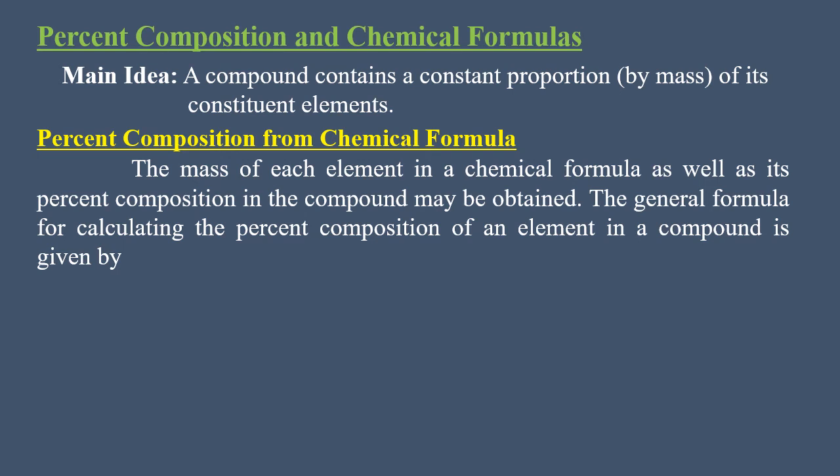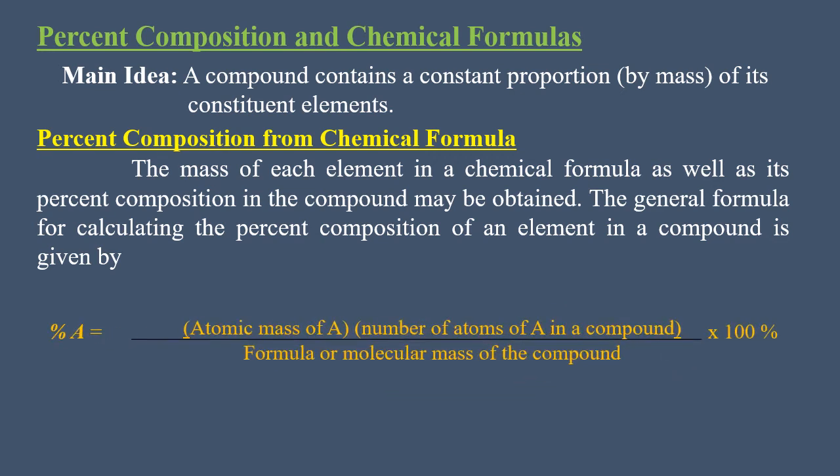The general formula for calculating the percent composition of an element in a compound is percent A is equal to atomic mass of A multiplied by the number of atoms of A in a compound, divided by formula or molecular mass or molar mass of the compound, multiplied by 100%, where A is the element of interest.